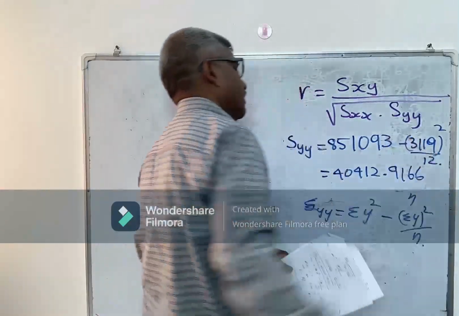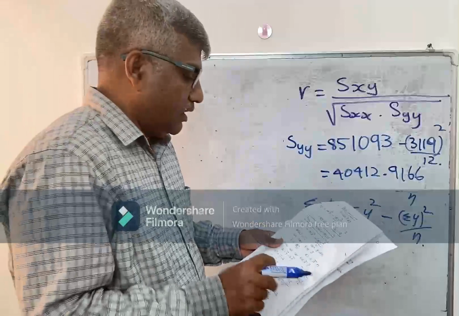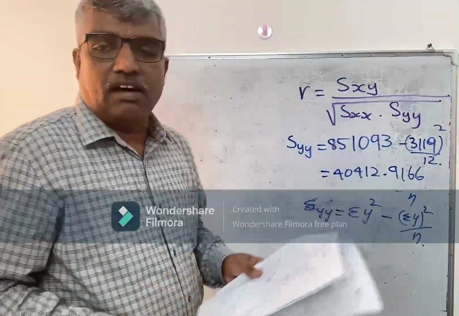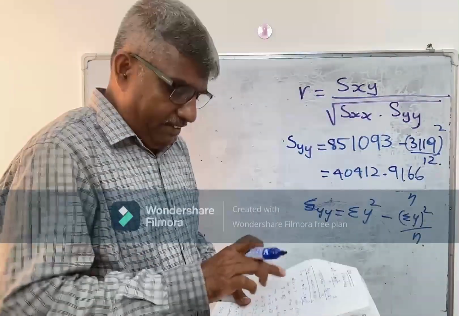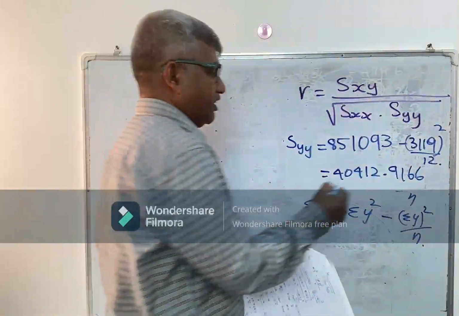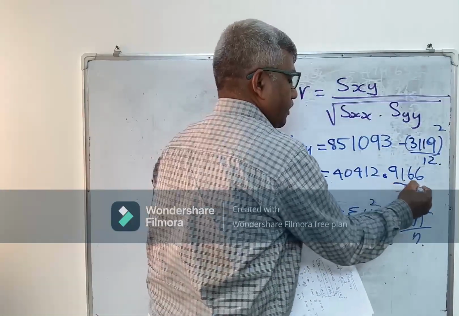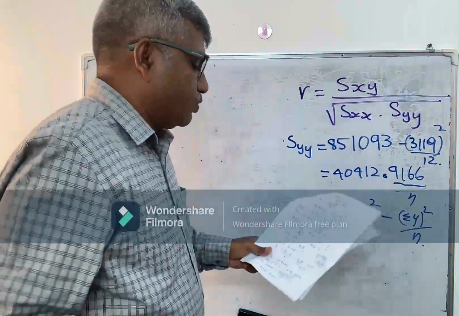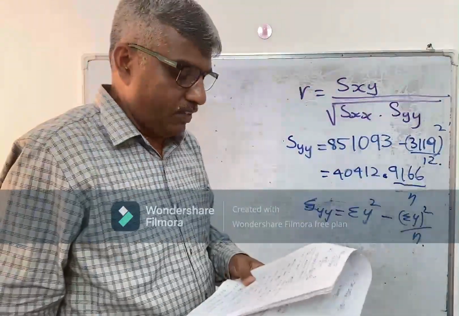That gives 40,412.9166. Since they asked for 3 decimal places, in every step work to 4 decimal places. Okay. Syy we easily found out.